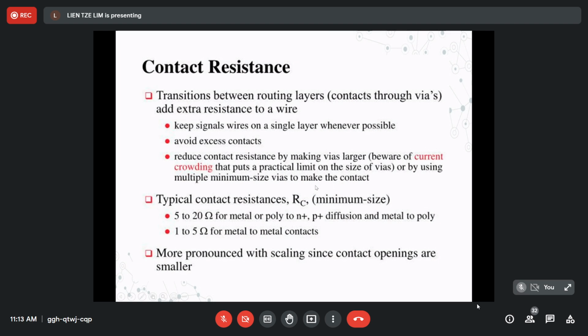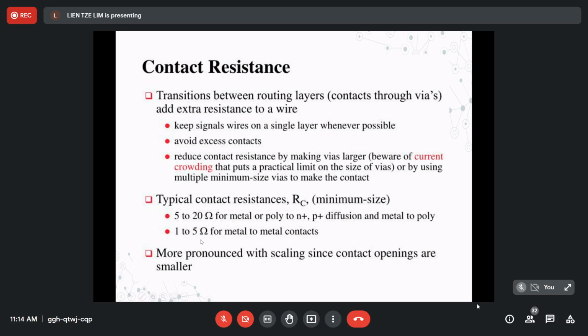Typical contact resistance values should be 5 to 20 ohm for metals or polysilicon to the N plus or P plus diffusions, or from the metals to the polysilicon. For the contact from one metal to another metal, the resistance here is 1 to 5 ohm.